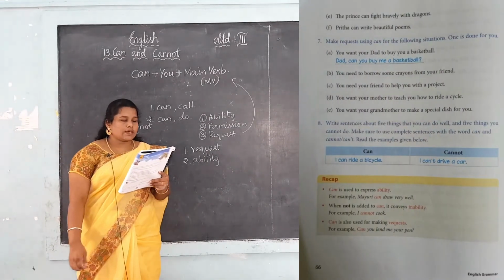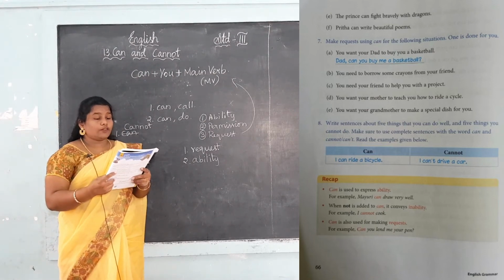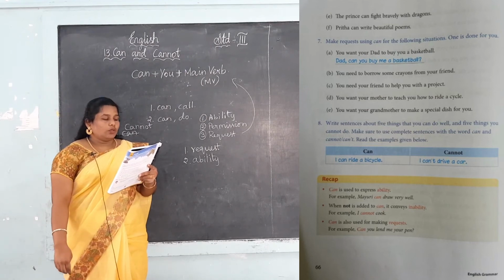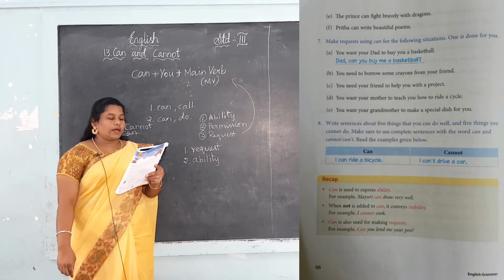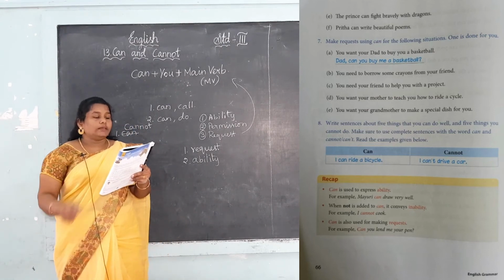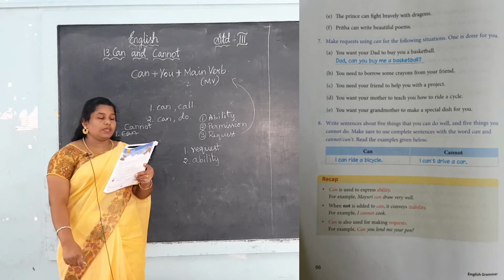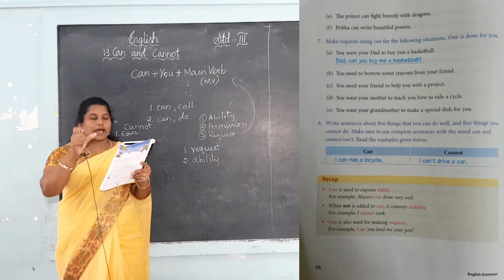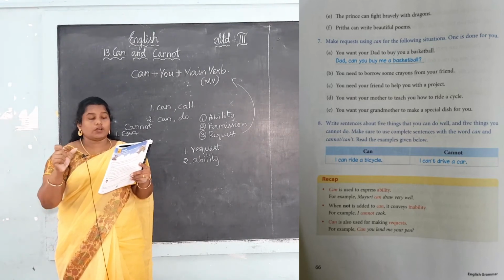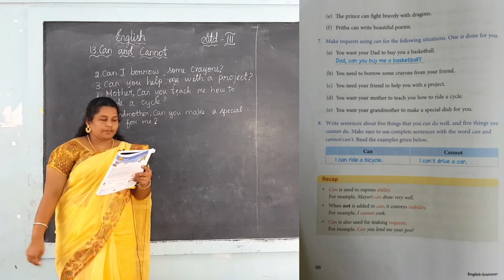Next one, 7th Roman letter. Make requests using can for the following situations. One is done for you. See the first one.